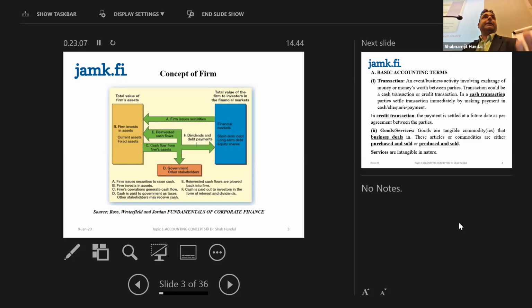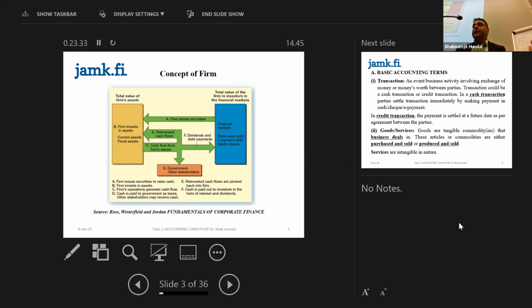You are investing in the projects so that the return on the earnings is more than the cost of financing, and the difference is that you are making success.